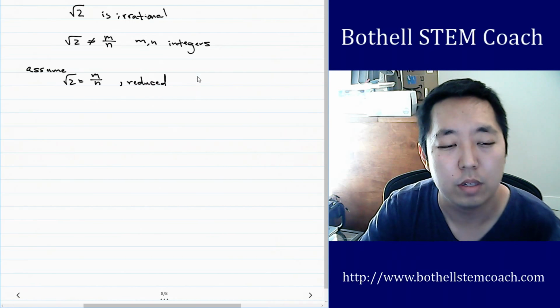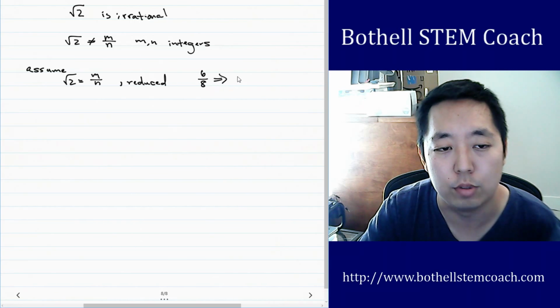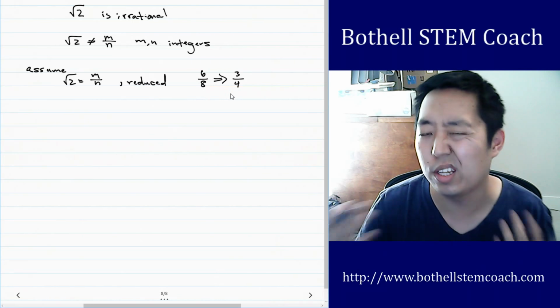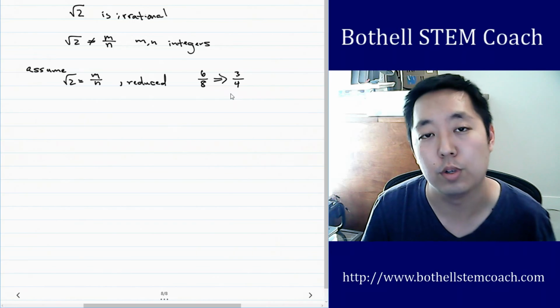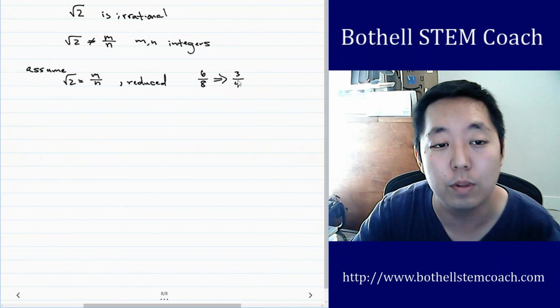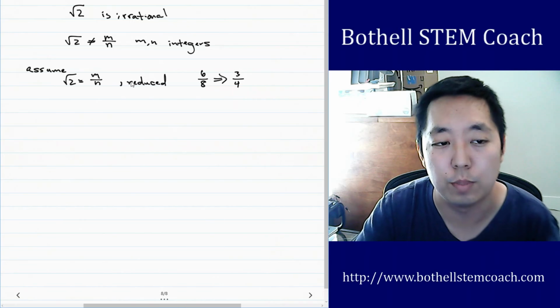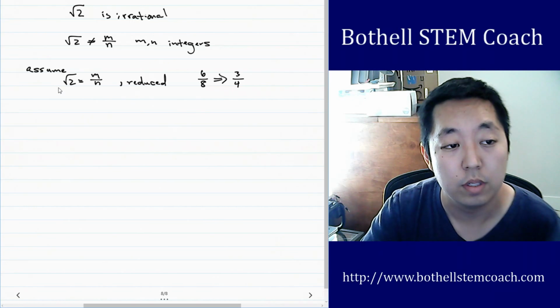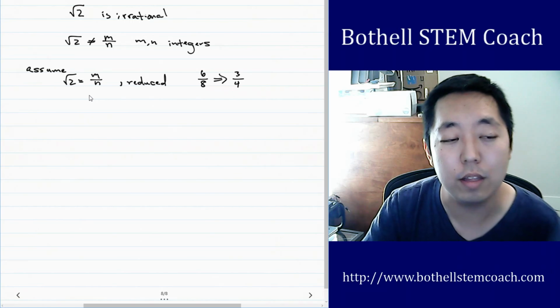So as an example, 6/8 is not reduced because that reduces to 3/4, right? These are two equivalent values, but we're going to assume that whatever fraction this is, we've eliminated all the common factors, and so we are as simplified as we can get. Sometimes we call it a simplified fraction.